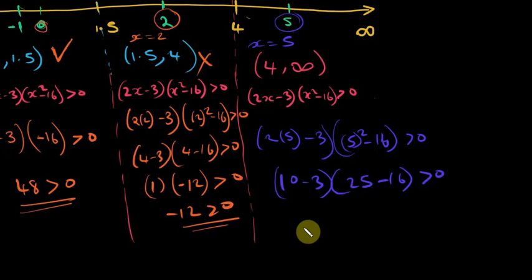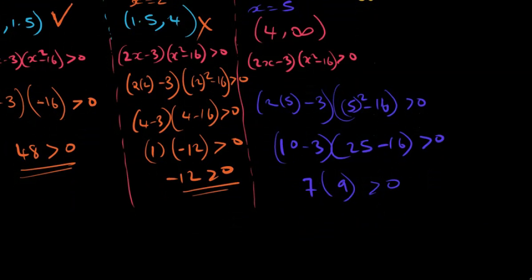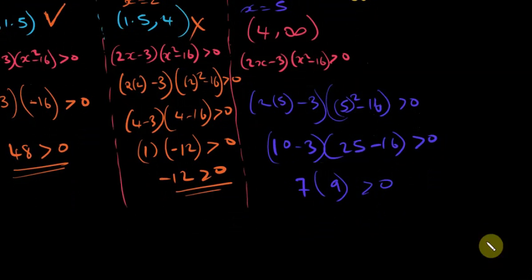This should be greater than 0. Alright, 10 minus 3 is 7, multiplied by 25 minus 16, that is 9, and definitely this is greater than 0. So we have 7 times 9.